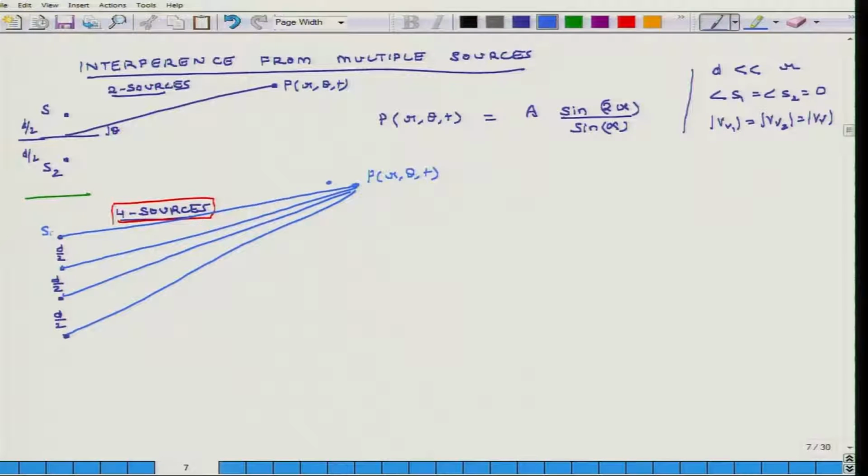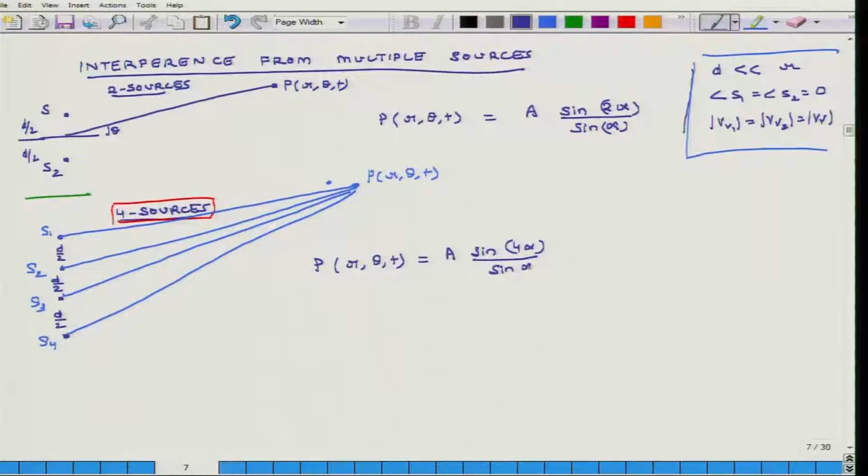The sources are designated as S1, S2, S3, S4, and similar assumptions are made in this case also. In such a case, P of r, theta, t equals A sin 4 alpha divided by sin alpha, and alpha was defined as omega d sin theta divided by 2c.